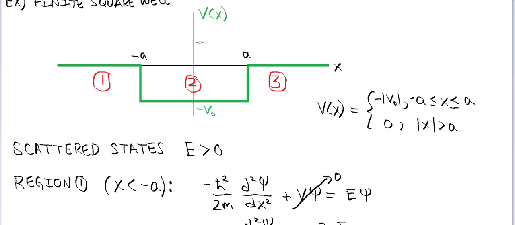So I think that probably, when we're done, will have satisfied all of the possibilities, right? The energy is either greater than 0 or less than 0.